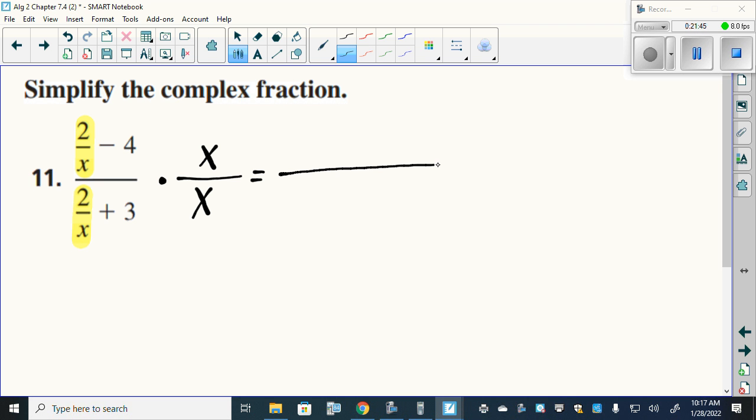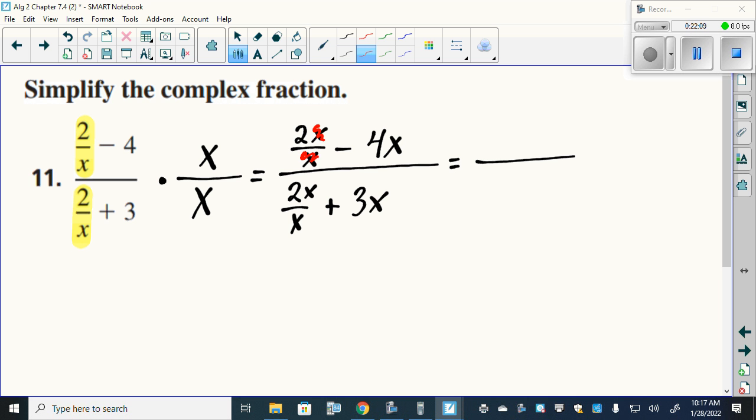So we multiply this x through. Here we're going to have 2x over x minus 4x. In the denominator, we'll have 2x over x plus 3x. Now here our x and x would cancel, leaving us with negative 4x plus 2 in the numerator.